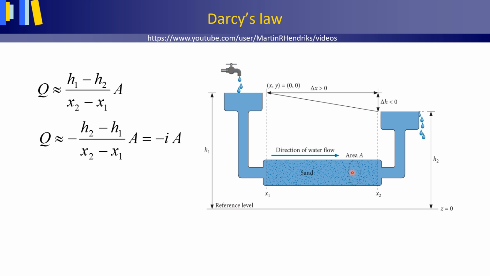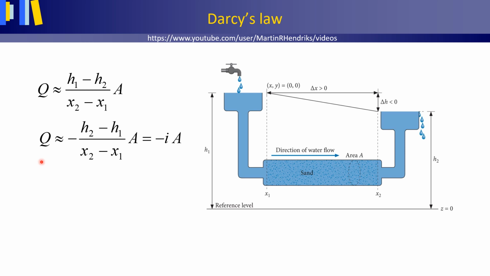Again, regard this area A as a kind of false area, as groundwater flow is not through the area in full, but only through the pore space part of the area, not through the solid part made up by the sand particles. But still, this equation is not looking very neat. To the left of the equal sign, the volume flux or discharge Q is in cubic meter per day.